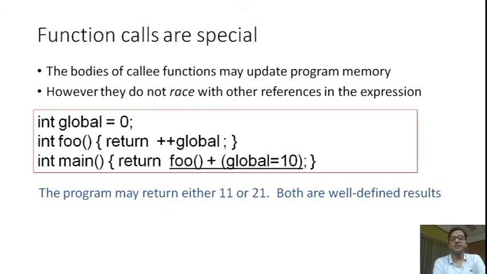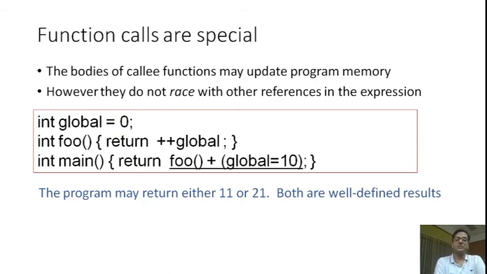Now, this expression has unspecified order of evaluation, which means the assignment may be executed before the call or after the function call. Yet, the evaluation of this expression would not be undefined behavior as per C semantics, because the update to global is not happening in the expression itself but is happening as part of the body of the function call.